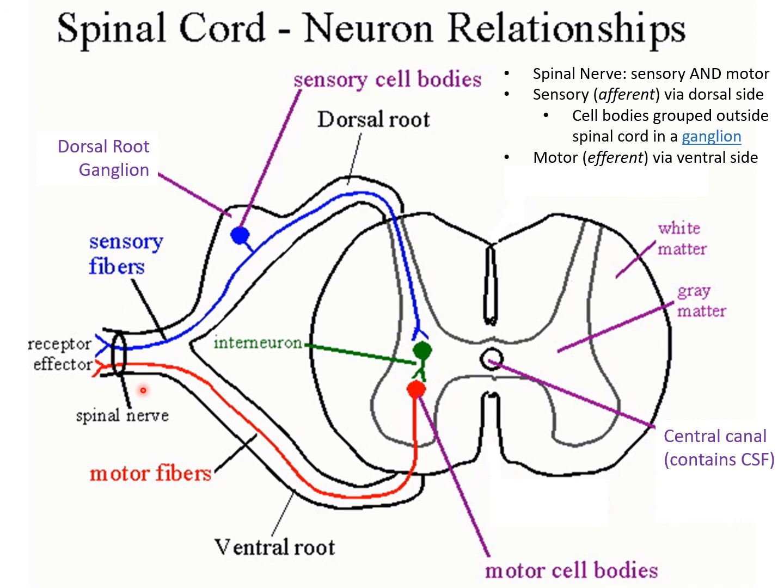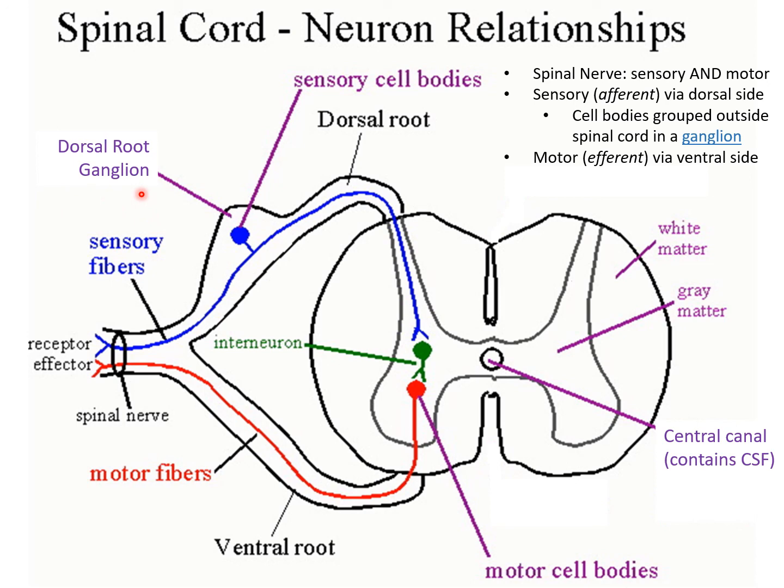Okay. When you are looking at a model, for example, or even an image of the spinal cord, you can tell the difference between the dorsal root and the ventral root by a little bump. Okay, there's going to be a little bump called a dorsal root ganglion, which is present only on the dorsal side.